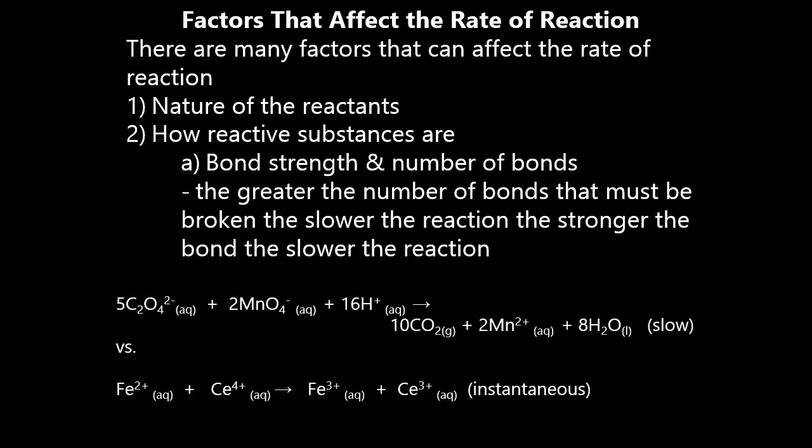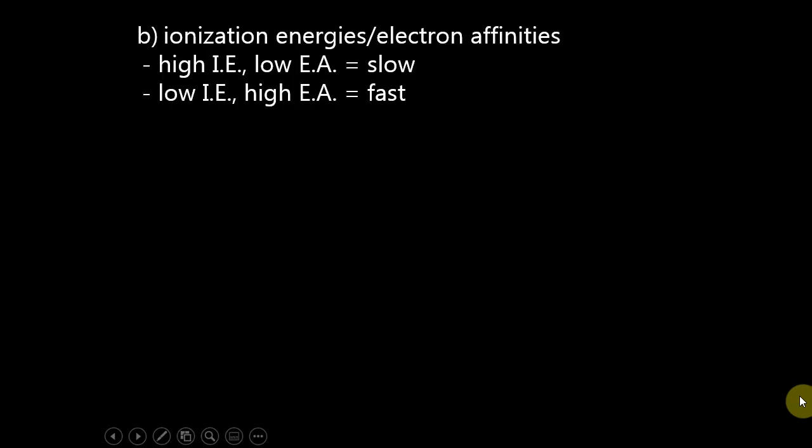In this reaction, and this is the net ionic reaction that I've got here, this reaction takes some time. It's a very slow reaction. On the other hand, if I take iron 2 plus and react it with cerium in the 4 plus state, the transfer of electrons is all that's involved in that one, and so it's an almost instantaneous reaction.